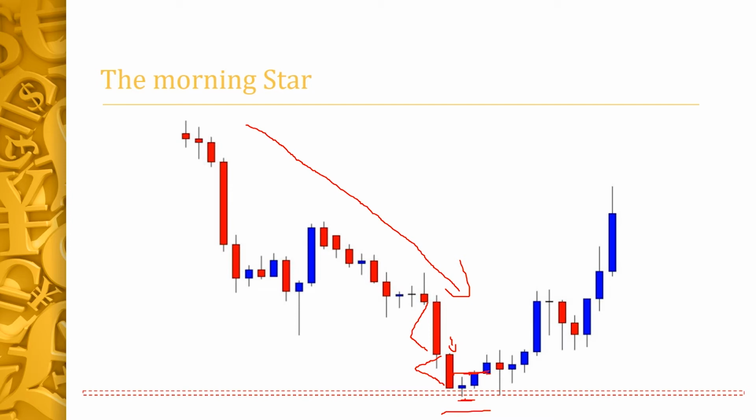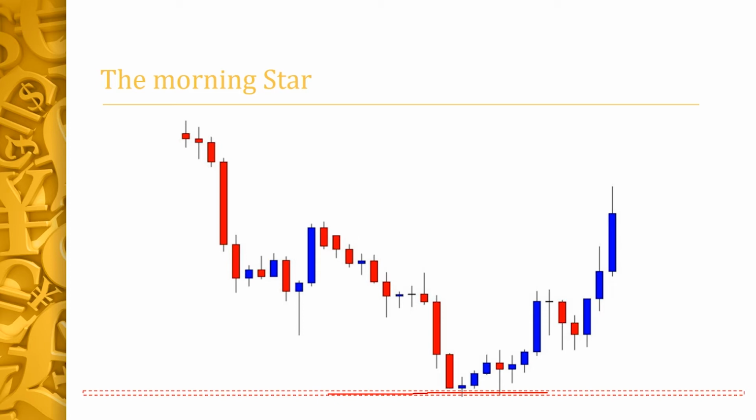Yeah, and very important that you have a structure level as here. You can't see the support. There was support to the left here, but we can't see it in this picture.